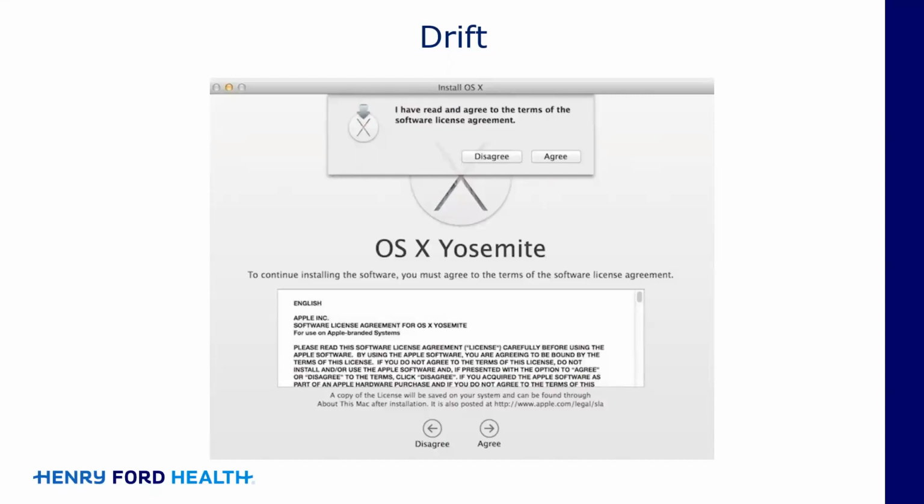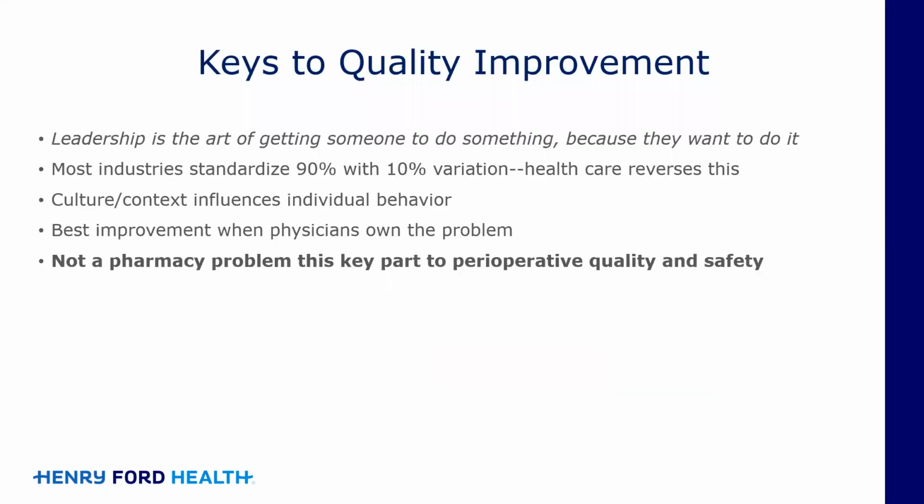But the reality is that when you talk about drift and you think about user licenses and agreeing to them, it seems understandable. When you talk about normalization of deviance, you're thinking, oh gosh, who does that? And the reality for medication security and for most of our quality problems is that it's much more like drift than deviance. In other words, it's not immoral what we're doing at the moment. There are competing priorities that people are focused on.